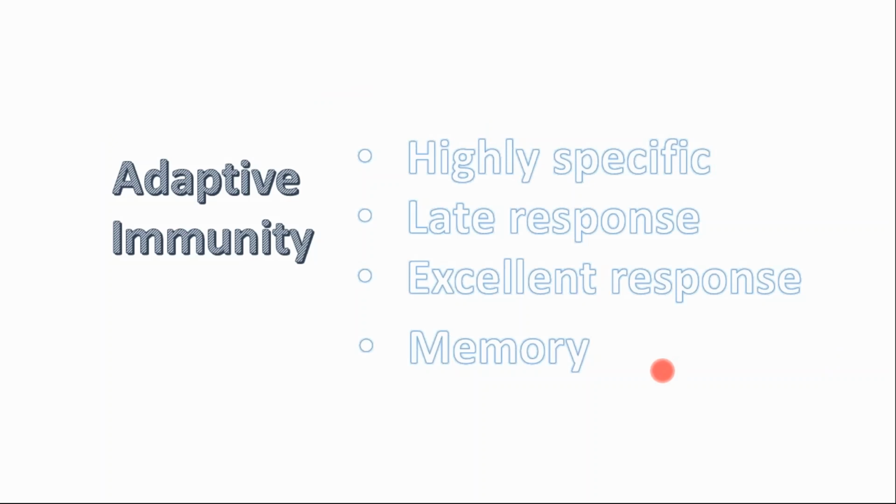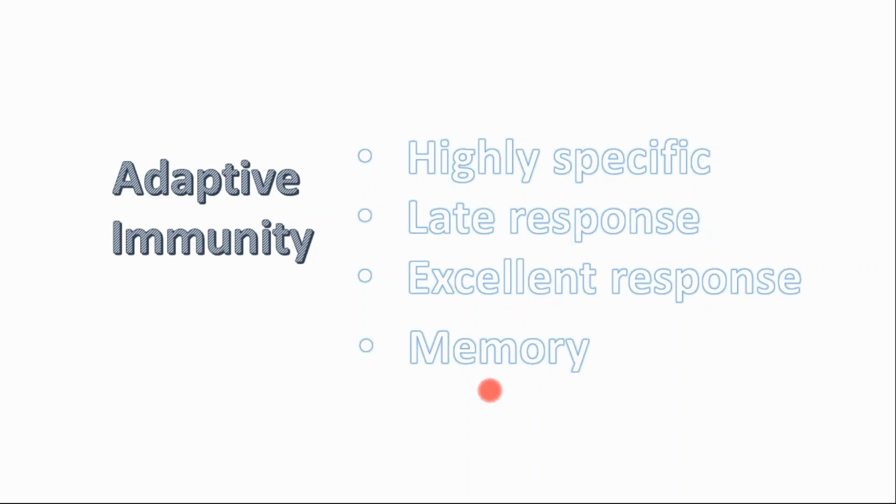Adaptive immunity. Adaptive immunity is highly specific. That means it can kill only specific types of antigens. It is designed in such a way that it can kill only a few types of antigens and very specific. It gives a late response. Even though the response is late, it gives an excellent one.